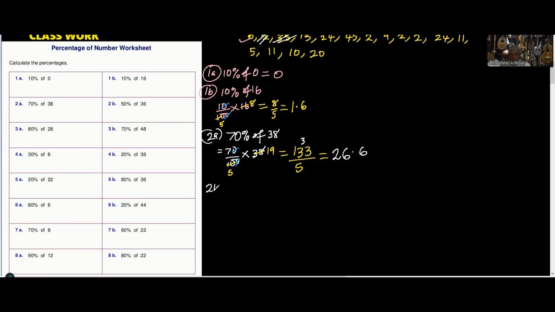Then option 2B, we have 50% of 36. Definitely, what does 50% mean based on what I have explained? I said 50% of something means half of the thing. Yes or no? Yes. So 50% of 36 is going to be what, even without any calculation? That's 18.